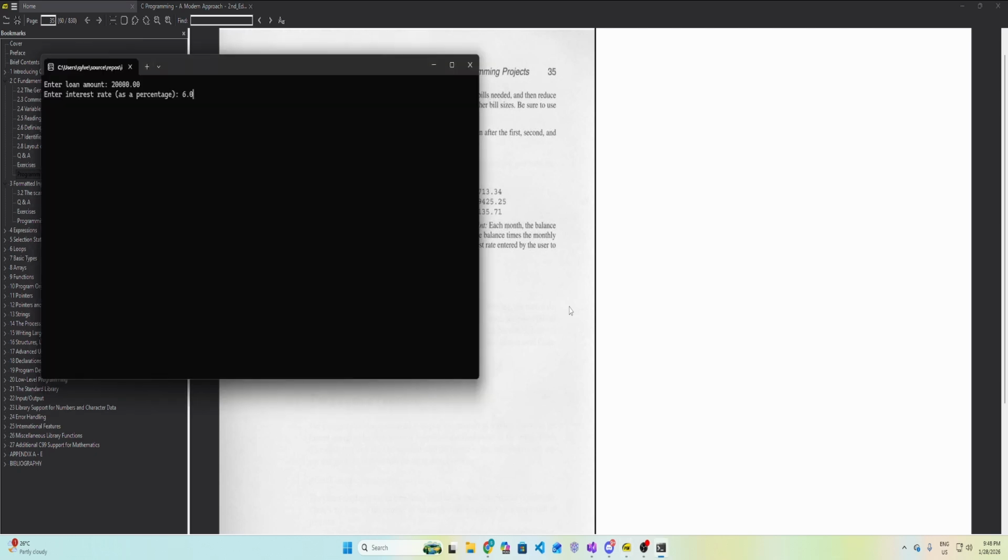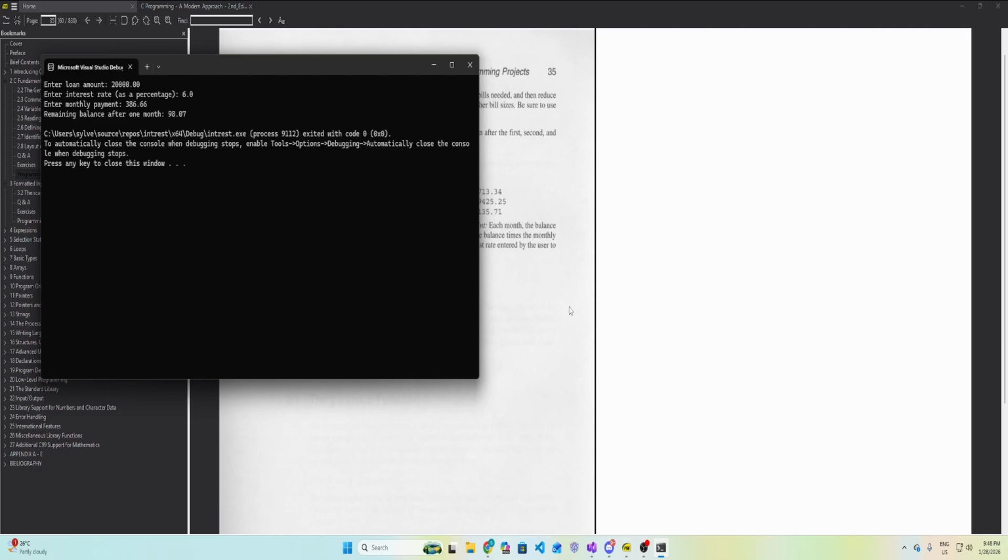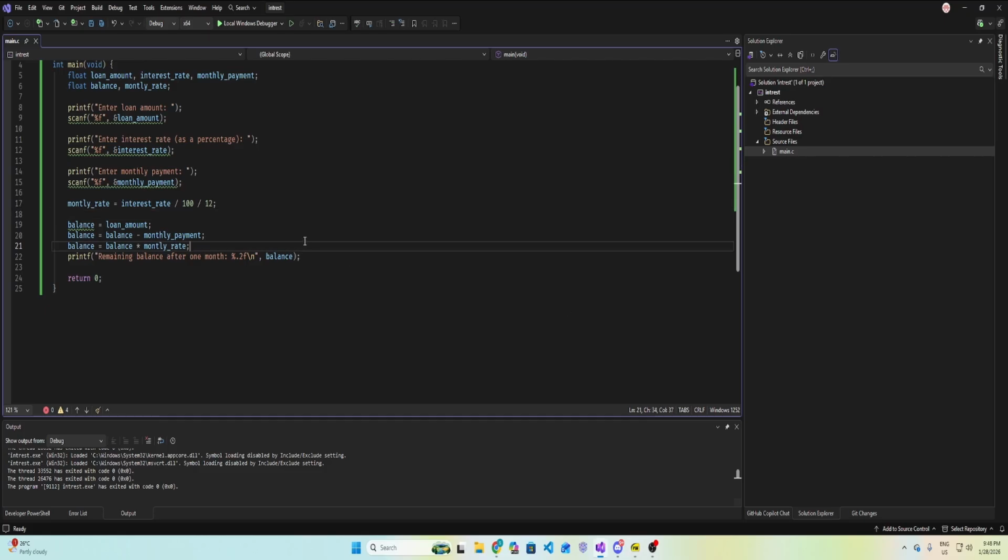Okay. Any case, so we do 20,000. Percentage is 6. And the payment is 386.66. Definitely not right. I want to see how the debugging works.